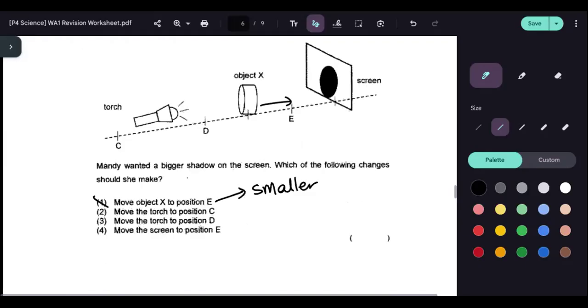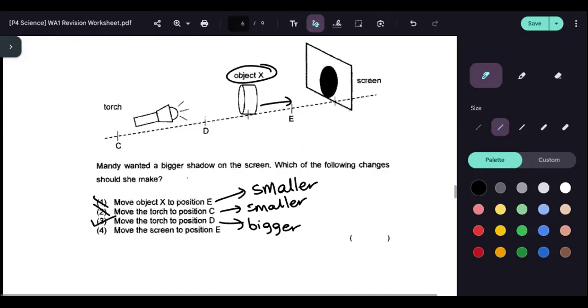Next, move the torch to position C. If you move to position C, the image will also become smaller because you did not change the position of object X, so you'll be wrong also. Number 3, move the torch to position D. This one will make it bigger.